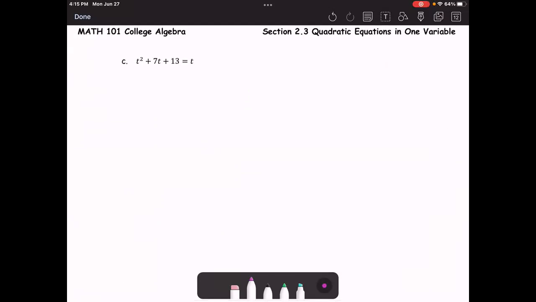Another example of the use of the quadratic formula to solve a quadratic equation. This part, we have t squared plus 7t plus 13 equals t. We're going to start by rewriting the equation in the form of a times t squared plus b times t plus c equals 0, or move all the terms to one side and leave the other side to be 0.